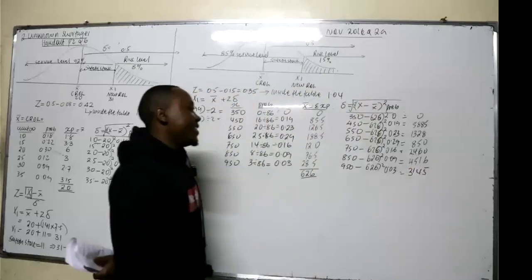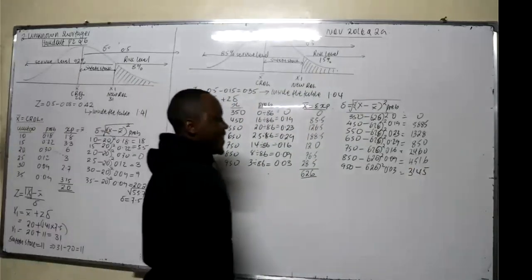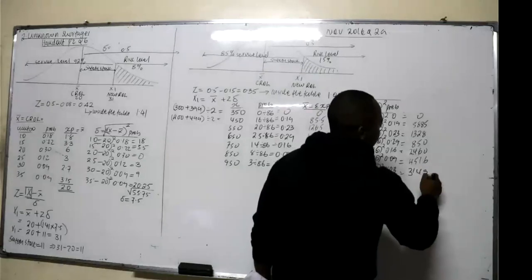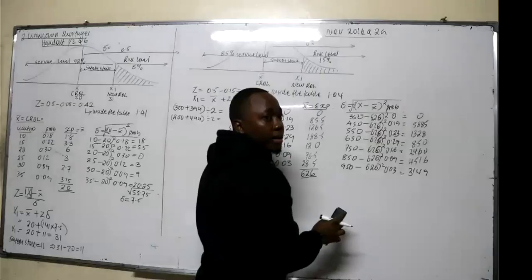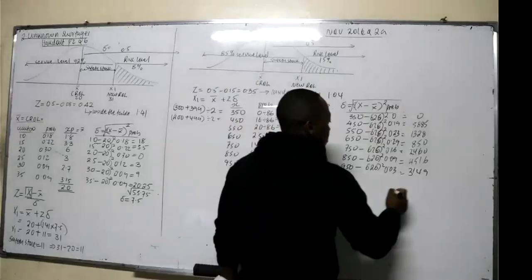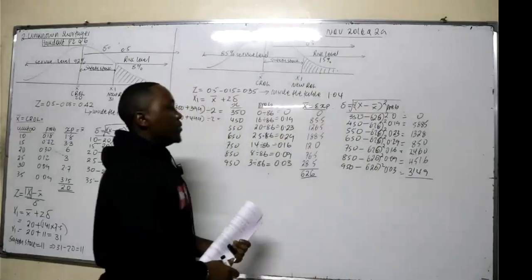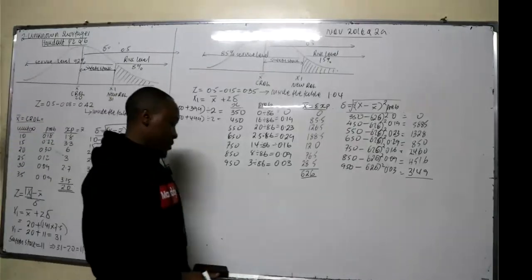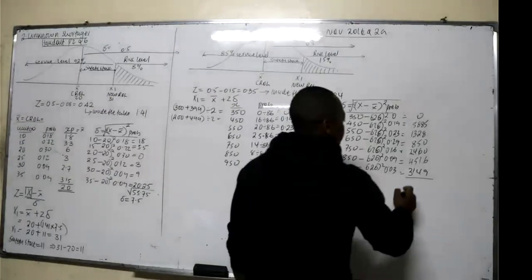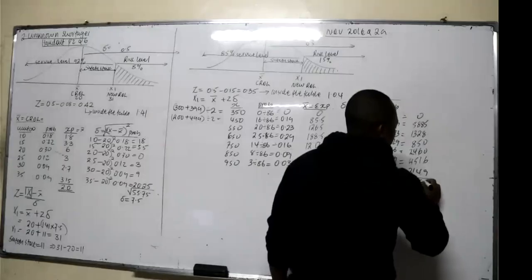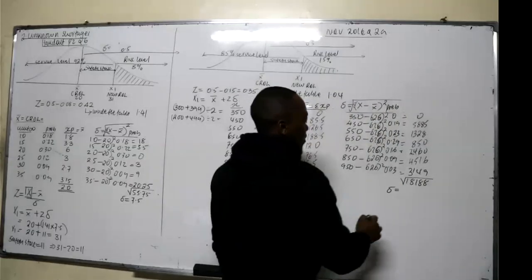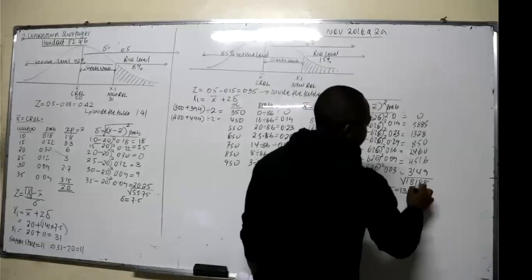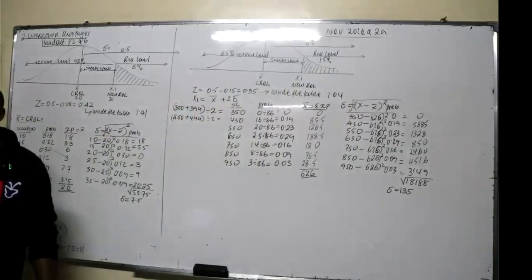When you say 950, it's 49. It's okay. Good. Now give me the total. 188. Now get the square root. 135. Good.